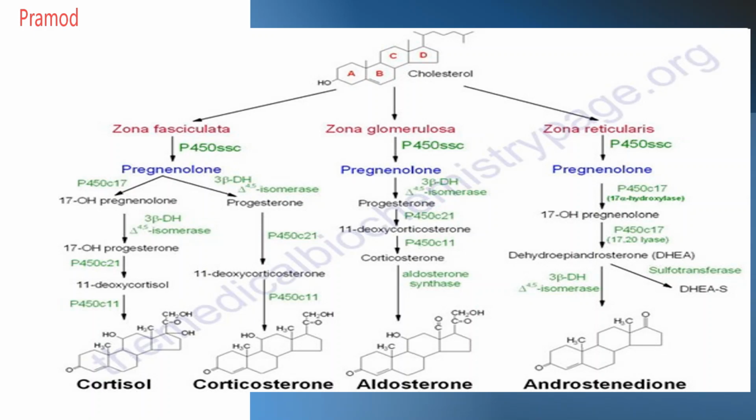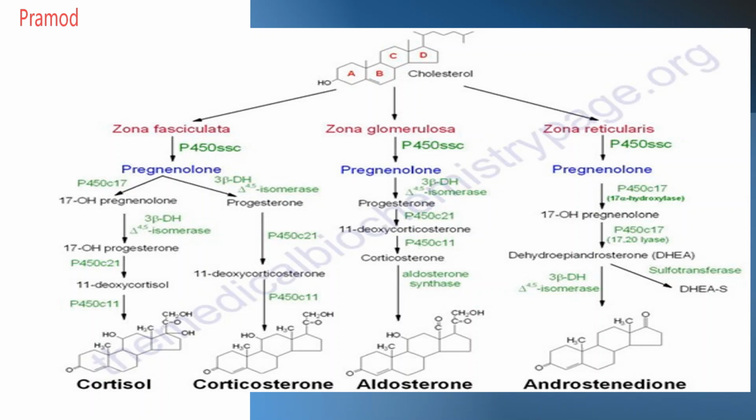Now let us see which portion is responsible for synthesis of which hormone. Let's go into detail. Zona fasciculata synthesizes pregnenolone. This pregnenolone gets bifurcated.